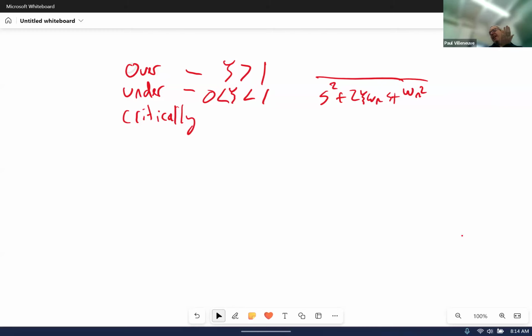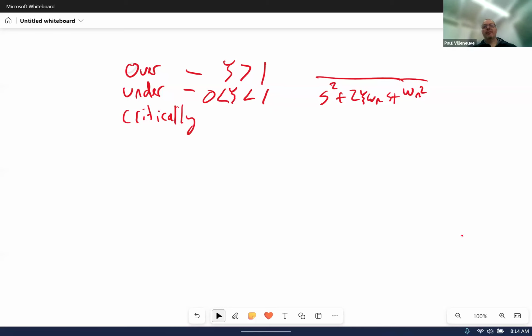We know omega sub n has to be positive, right? You can't have negative frequency in the real world. So we have to have a positive frequency. So why can't zeta be negative? We only have S squared plus 2 zeta omega sub n S, plus what? Omega sub n squared. Well, if zeta is less than 0, why would that make that number negative?